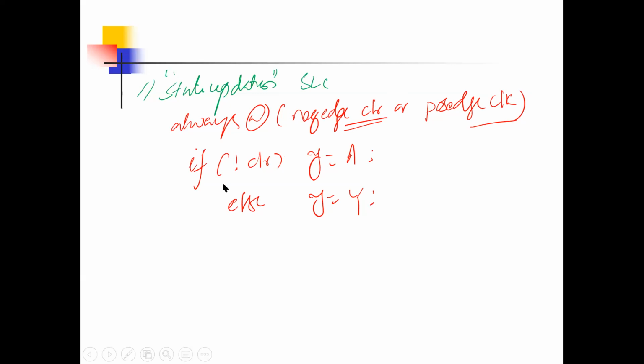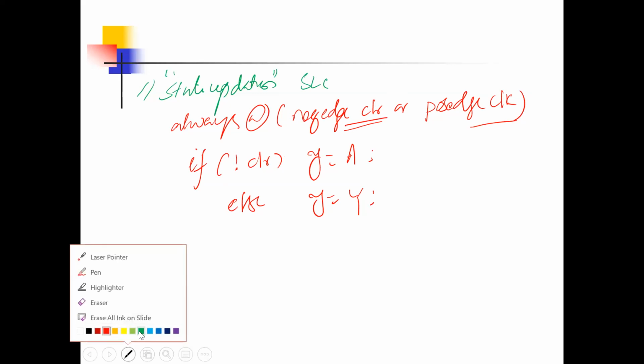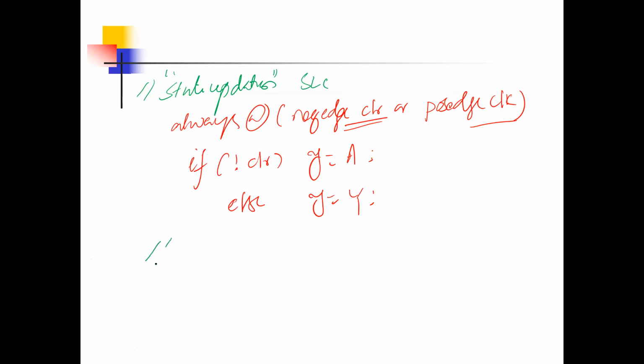Yes. Now the third procedure block is output. Define output. It is a combinational logic circuit. If you find the sequence 110 or 101, definitely output should be equal to 1.